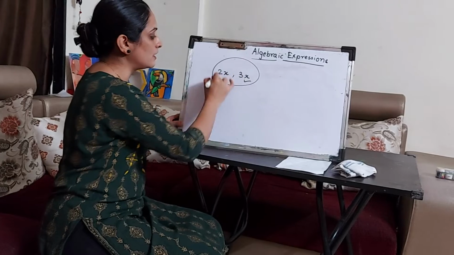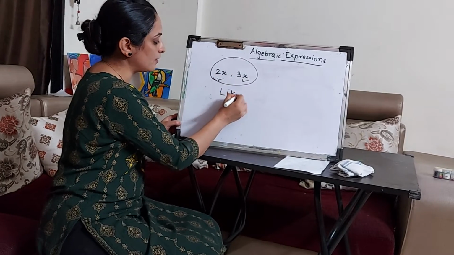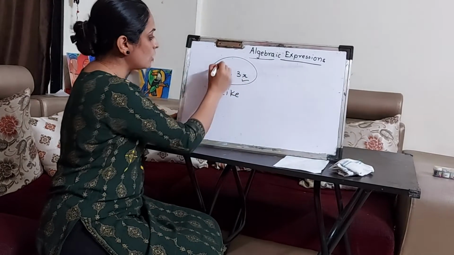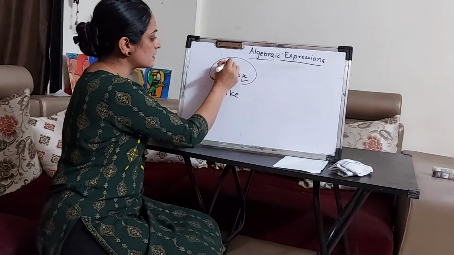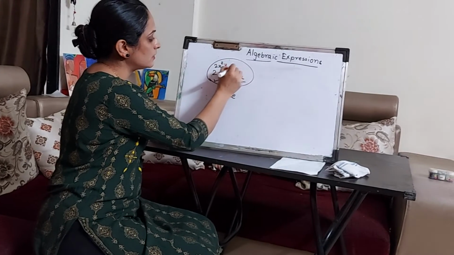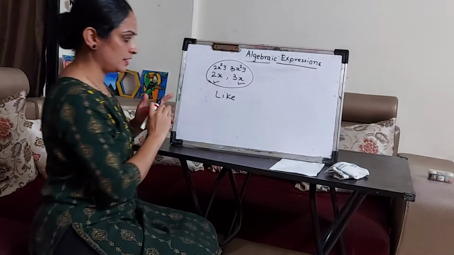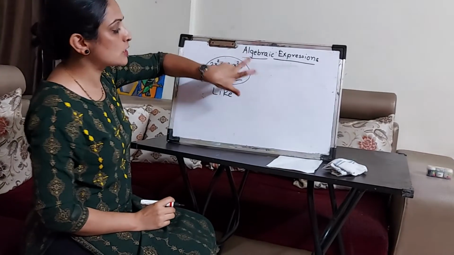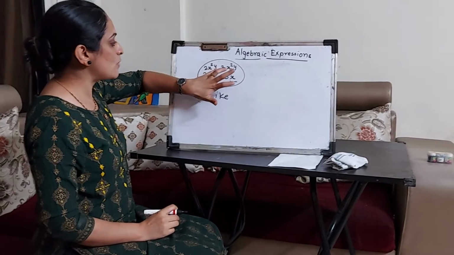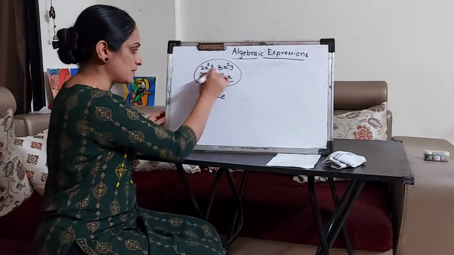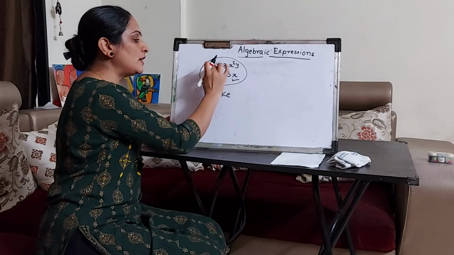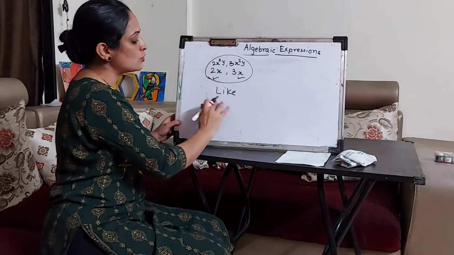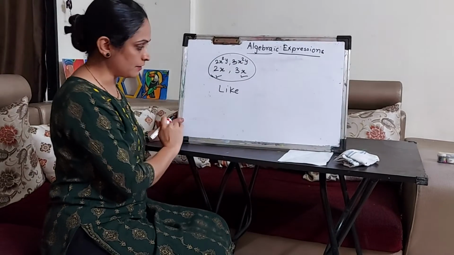So these come under the category of like terms. Okay, so can I write like this? 2x square y, 3x square y. Here if we observe 2x square y and 3x square y, that means xy is present in both the terms and the power of that variable is also the same. So they come under the category of like terms.